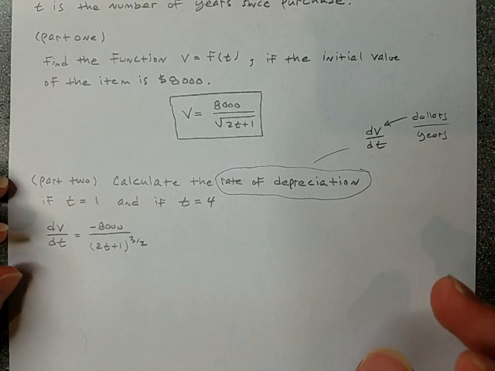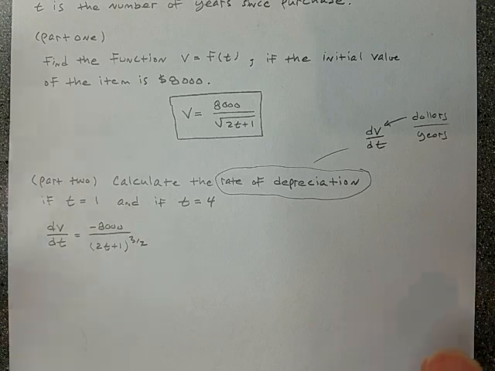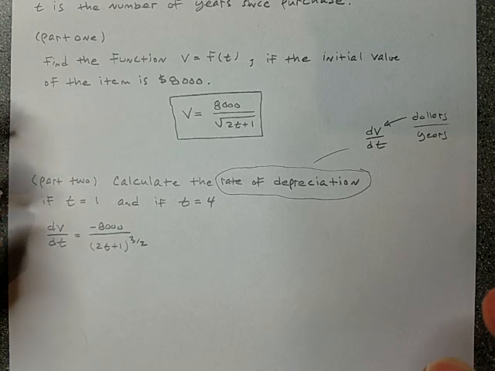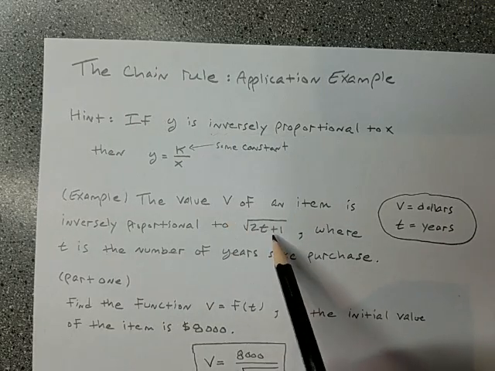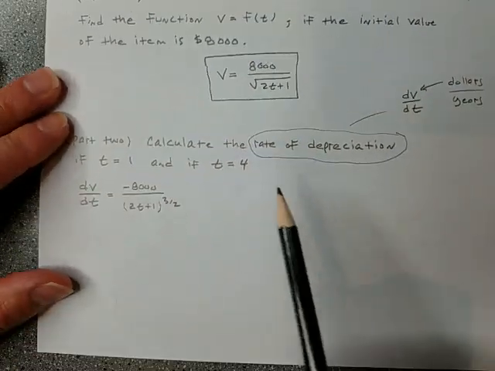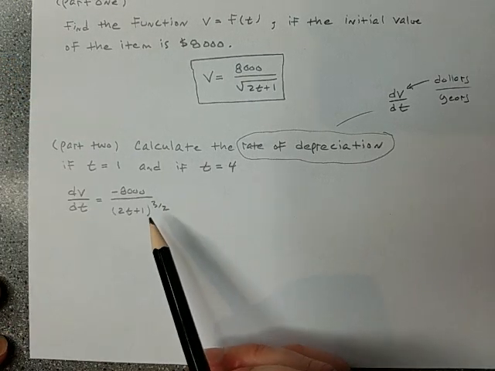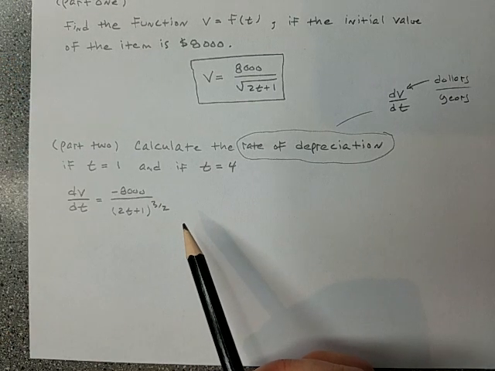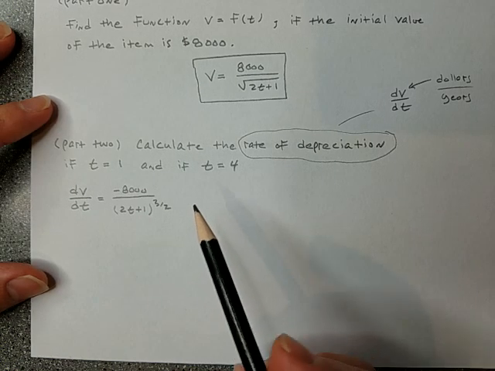And then over time, they tend to maintain their value a little more if they're taken care of. So with this being a proper model for the value of a typical item, it will decrease in value, but it will lose most of its value at first, and then it might steady a little bit over time. It still loses value, but not quite as fast as it did originally.